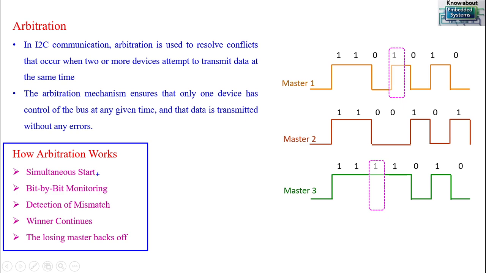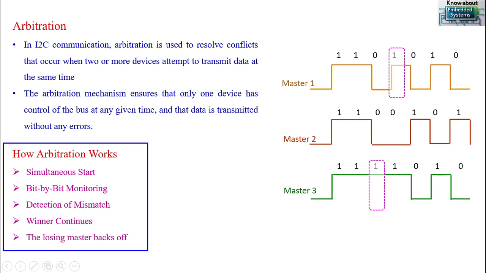Once this is done, I2C arbitration enters the picture. In the arbitration process, the bits are compared bit by bit. If there is a mismatch, the mismatched master will exit the arbitration process. If there is a match, that master is called the winner, and the winner continues in the communication. The loser goes out of the arbitration process. So this is about 4 to 5 steps.